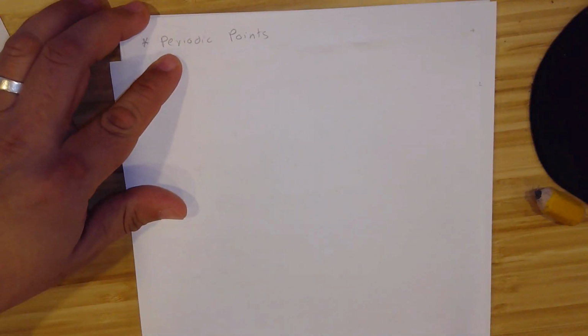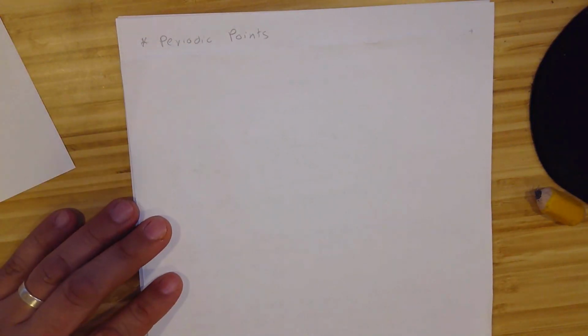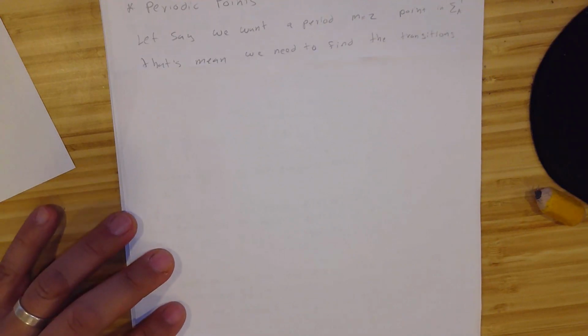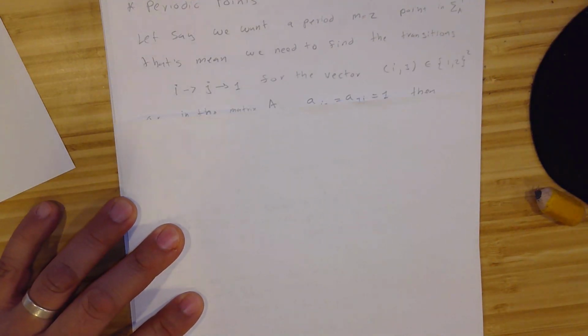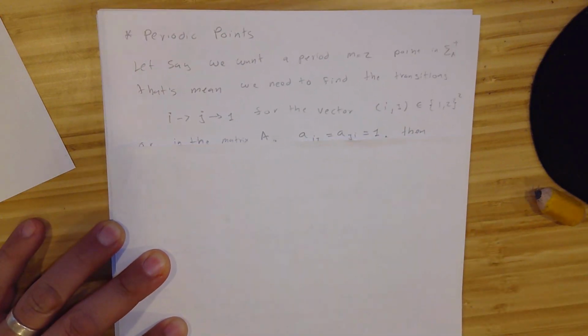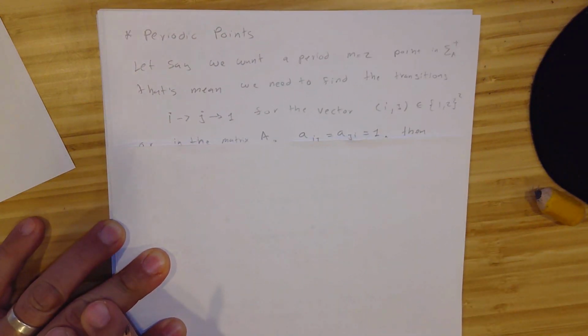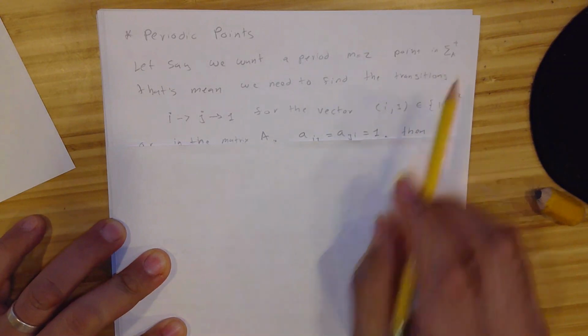Okay, now we are going to see the periodic points. Let's say we want to have the period 2 for this set.